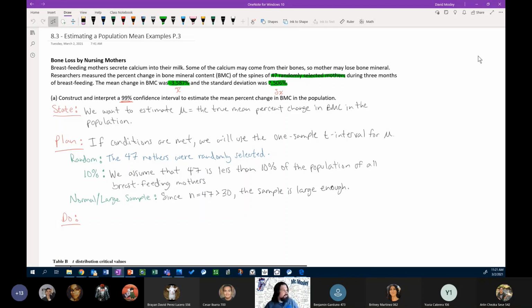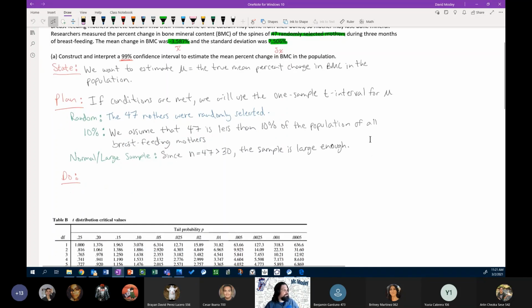Right, and now this is where we'll use table B. Let's kind of get our data together. Right, we have n equals 47. So our degrees of freedom equals 47 minus 1.